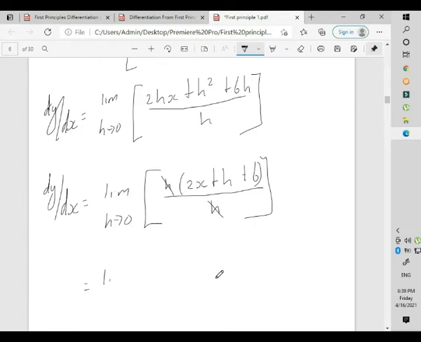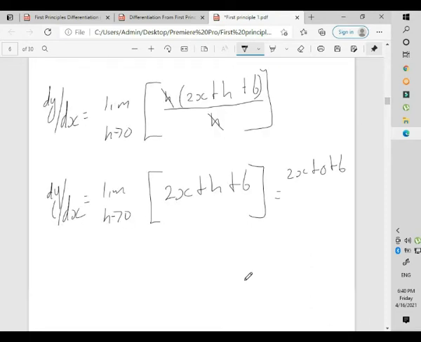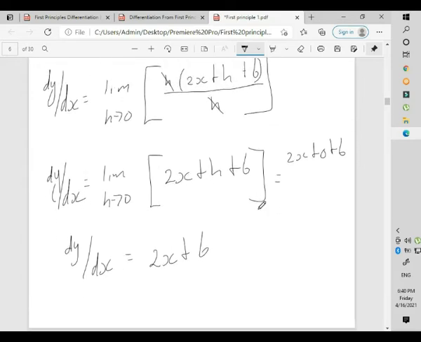So this is equal to the limit as h tends to 0 of 2x plus h plus 6, which is going to be equal to 2x plus 0 plus 6, which tells me that my dy upon dx is equal to 2x plus 6.